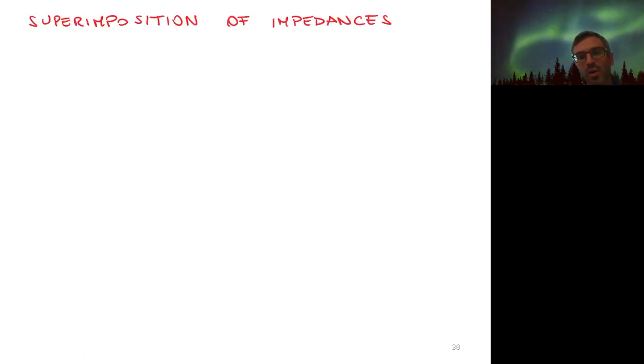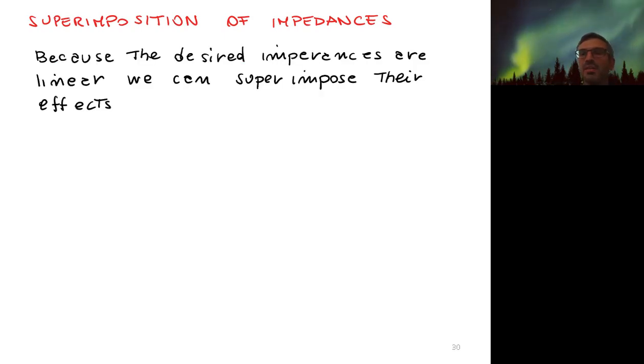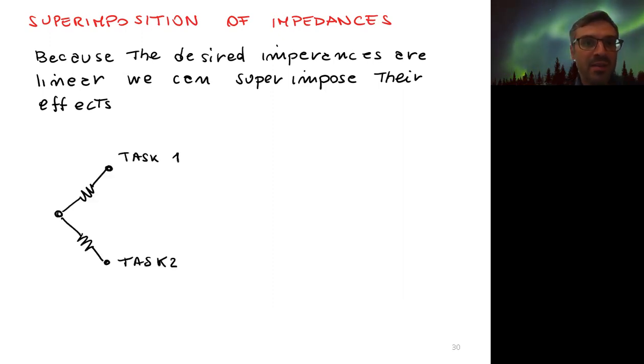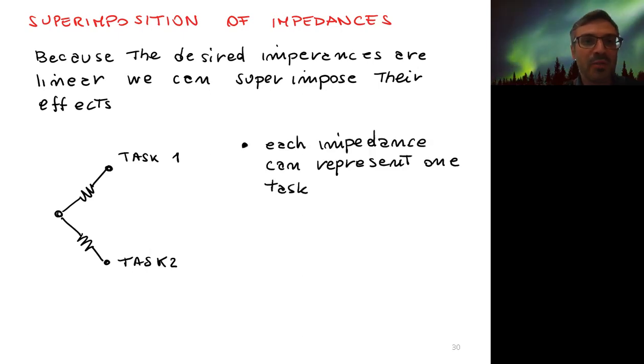Then another cool thing about impedance control that dictated the success of this approach is that because impedances are linear, like linear mechanical systems, the principle of superimposition of effects holds, and you can superimpose the effect of two impedances, and therefore you can have multiple tasks achieved at the same time.